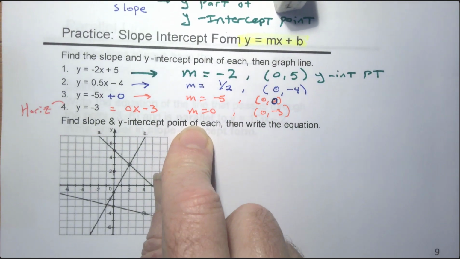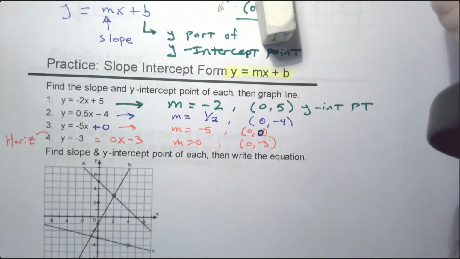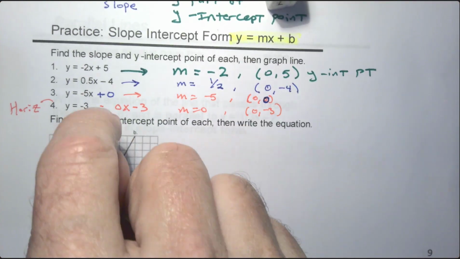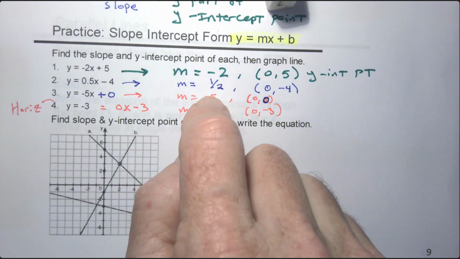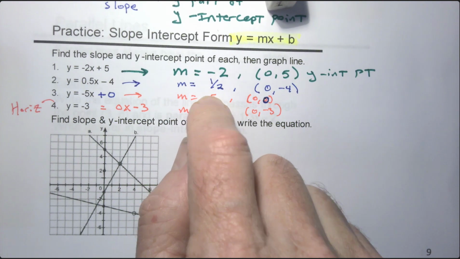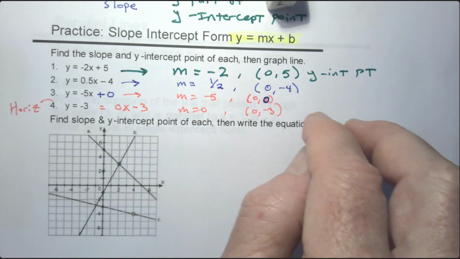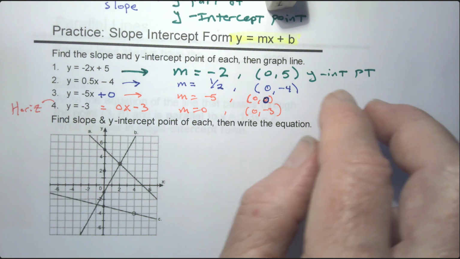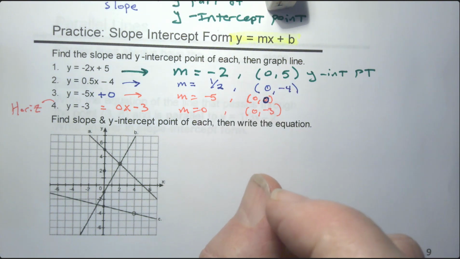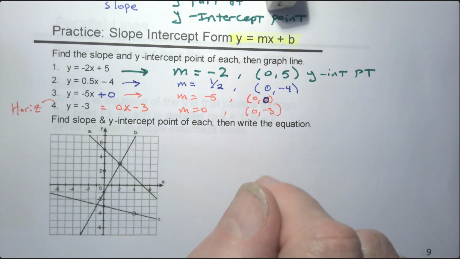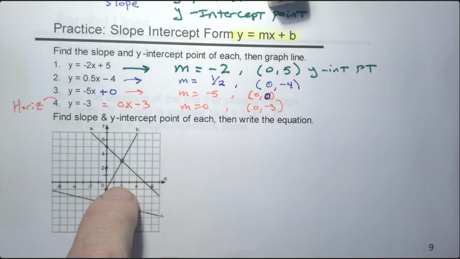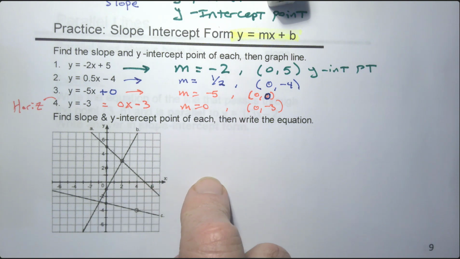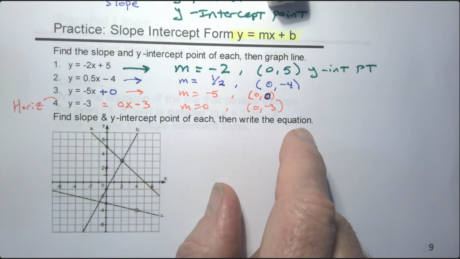Okay, now what we did here is we took information out of the equation, and we can actually take this information and make a graph. I'll show you how to do that later. But now we're going to reverse that thought process. We're going to look at the graph, we're going to gather the information, and then we're going to write the equation.